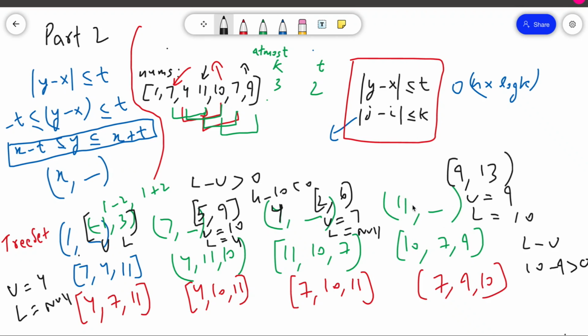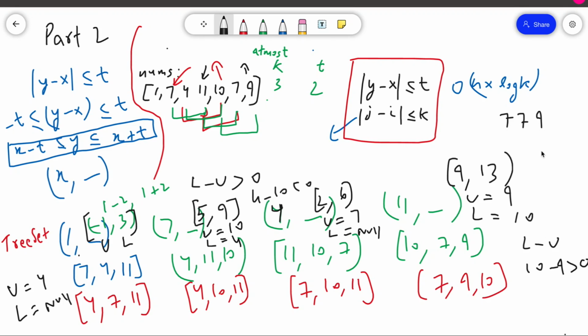Okay, and also please note one thing: what if we have a duplicate in the next k elements? Suppose the next k elements are 7, 7, 9. Okay, so we have a duplicate, but since we are using a tree set data structure, we cannot store duplicate values.